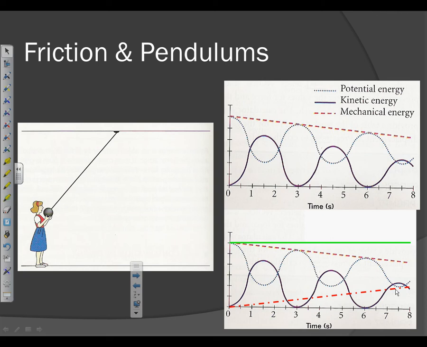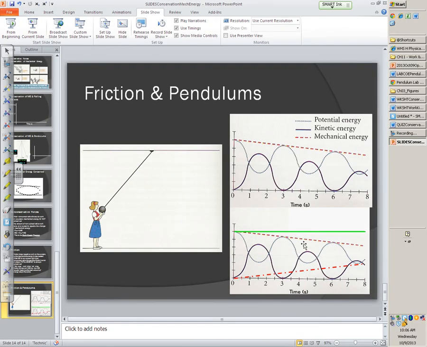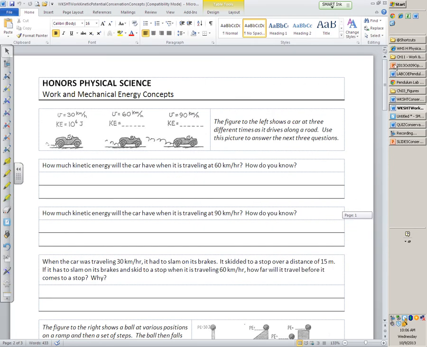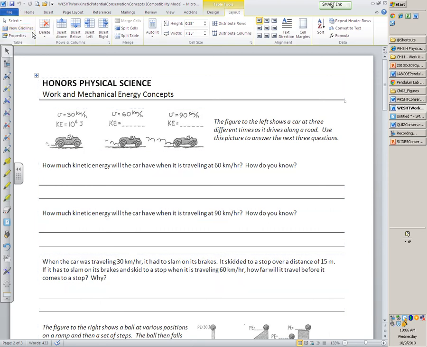All right. Let's put that away. Actually, keep it out. And let's take a look at this sheet that I gave to you last week. It's got these 3 cars up on the top of it. And we talked about how fast it was going and how much work was done and stuff like that.